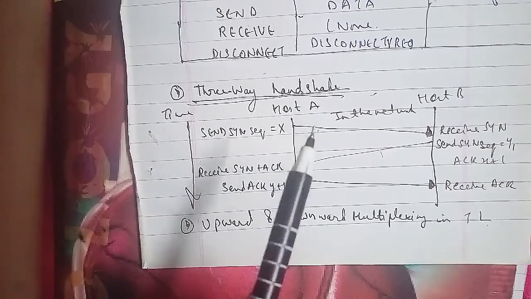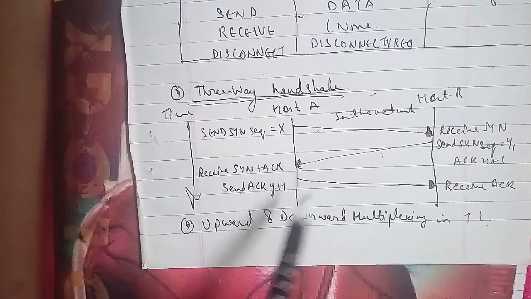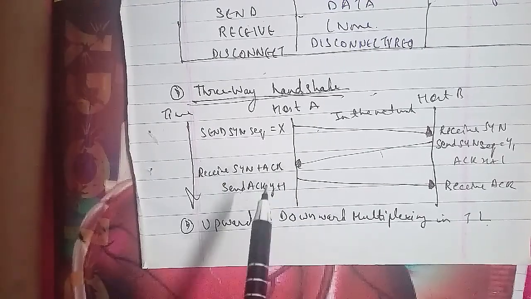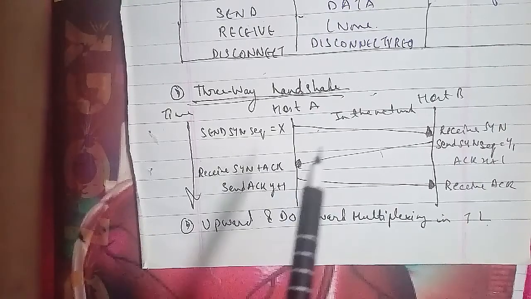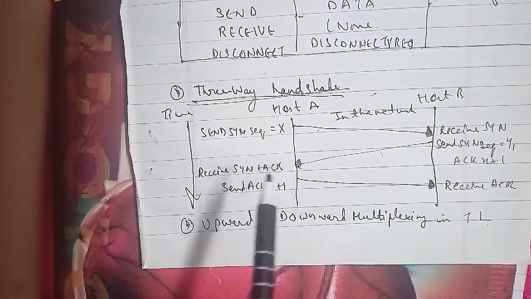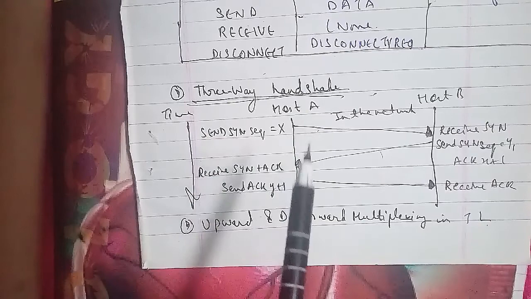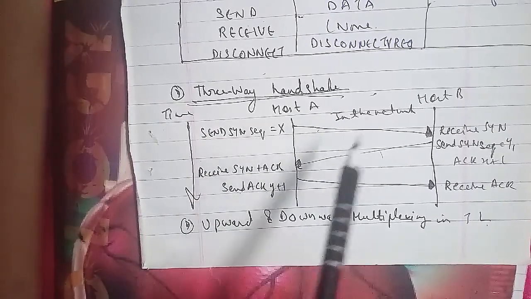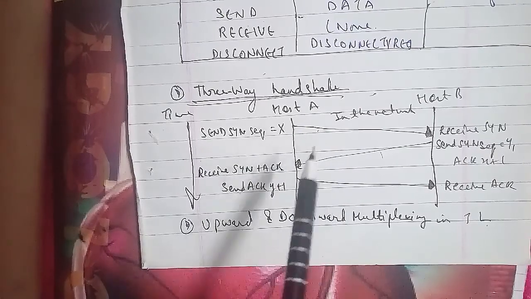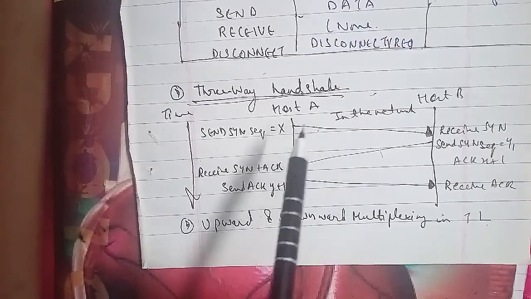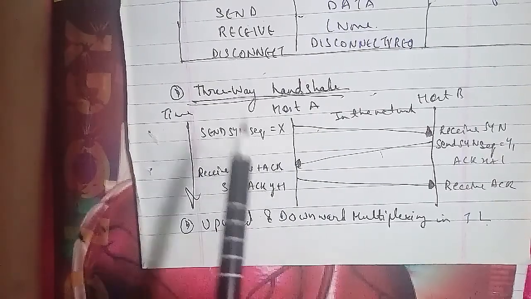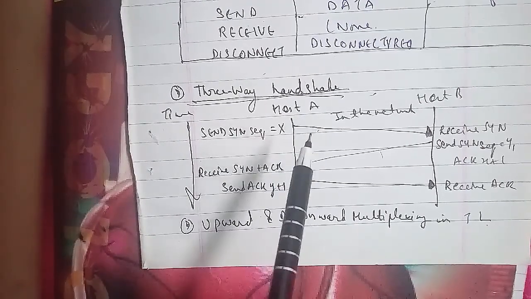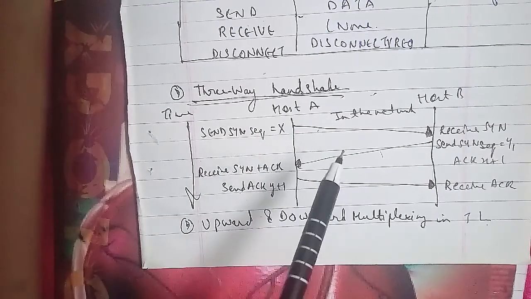Here we'll discuss upward multiplexing. This is layer 1, 2, 3 and 4. These were the layers, and here again we have layers 2, 3 and 4.